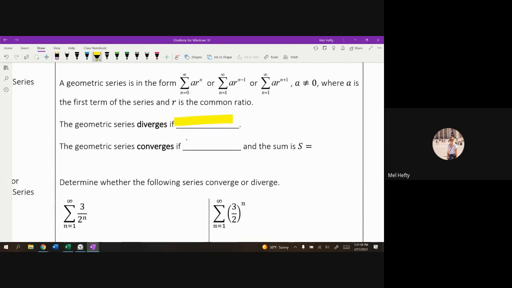I want you to try to fill in these two boxes. Be as specific as you can. Consider all types of numbers that R could be. Can you tell me a statement about R that tells me when the geometric series converges and when it diverges? I'm going to give you a couple of minutes to think about it. I'm going to come around and ask you some extension questions if I see you're kind of on the right track.